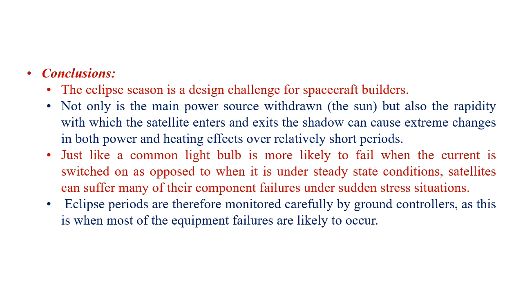So during eclipse some of the components are switched off. Once the eclipse is over, after several minutes, those components are turned on, and during that turning on the failure occurs. So that's the problem.